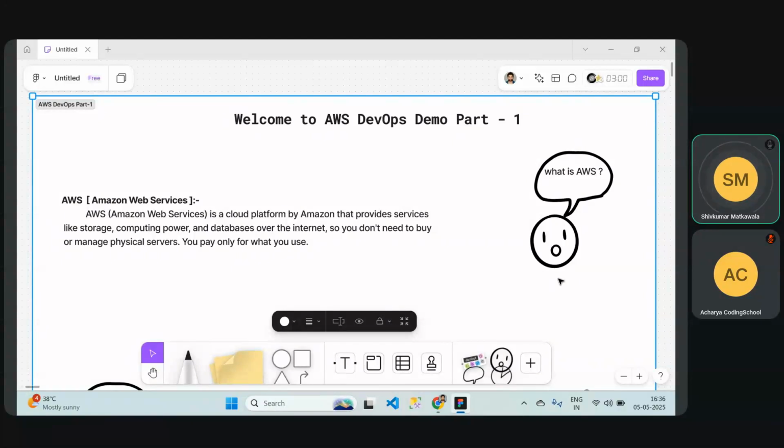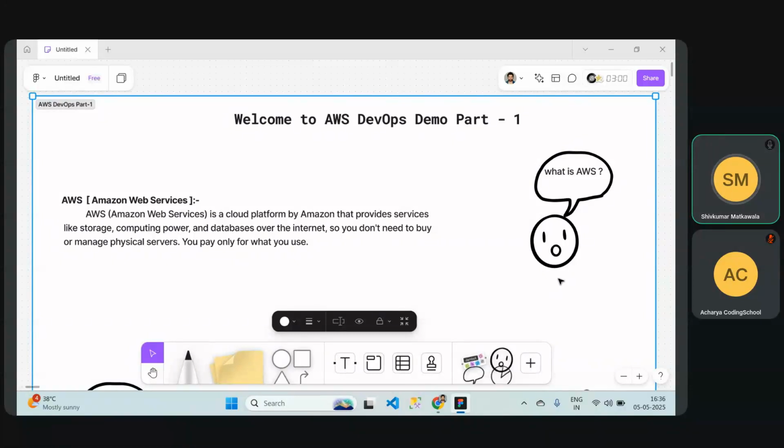Oh, once again, another word. What is cloud? We will try to understand what is cloud. Just for this moment, put it in mind that this is one cloud platform. What is AWS? It is a cloud platform by Amazon, which provides storage, computing, and databases over the internet.